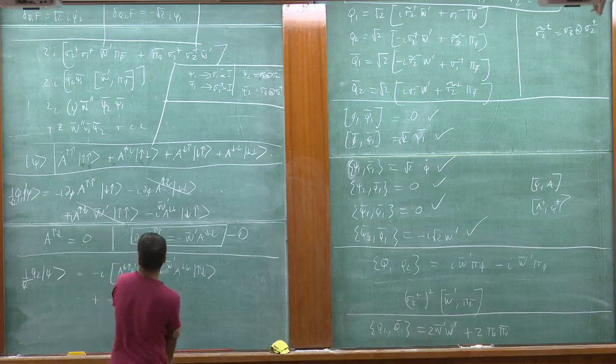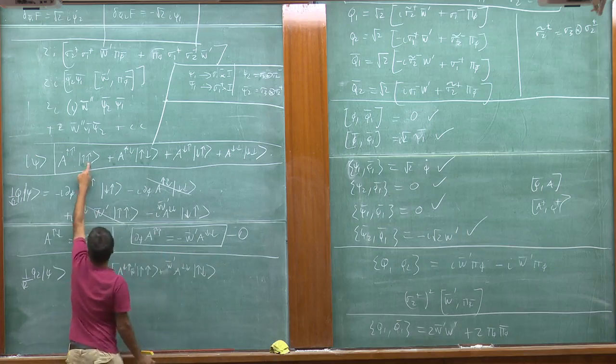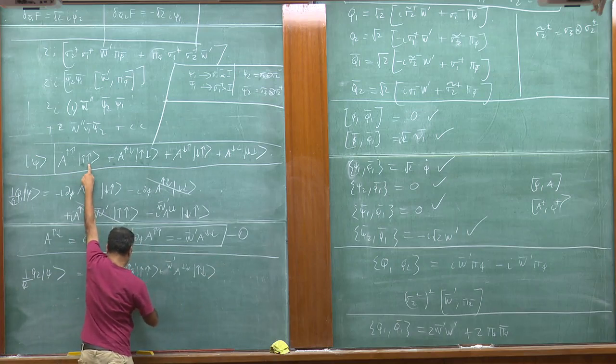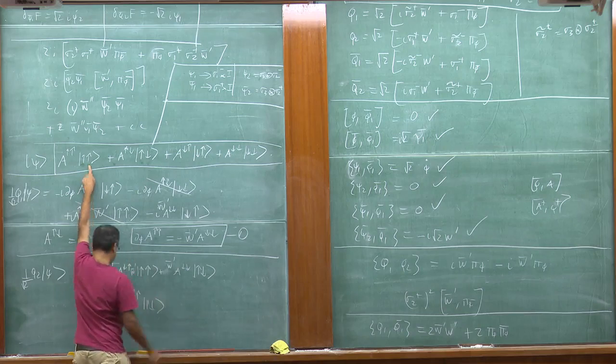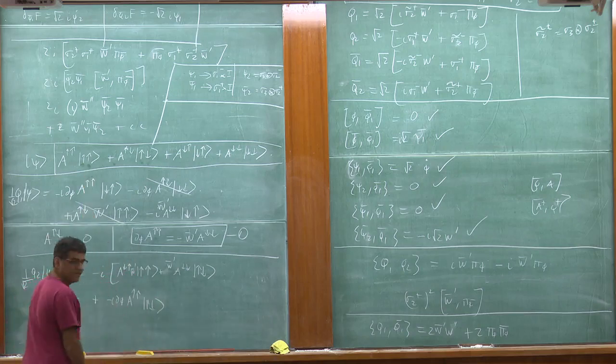This guy is a plus, and this guy becomes A up, and then up, down. Right?